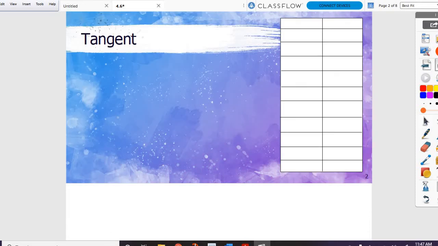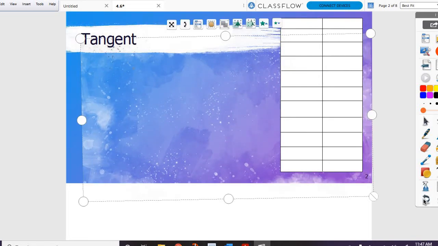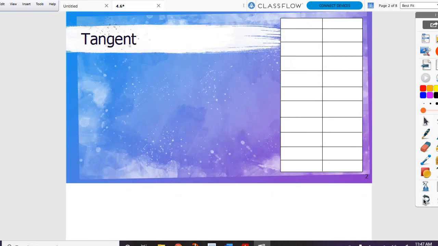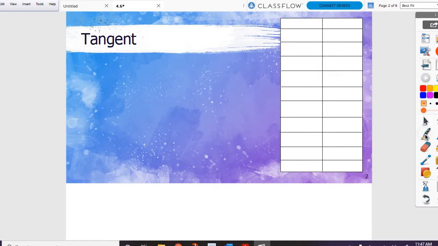Alright, so we're going to start with our tangent just like we did for our sine and our cosine. Let's just make a table of values and see where that gets us. So remember that with our graphs, what are we plugging in for our x values?